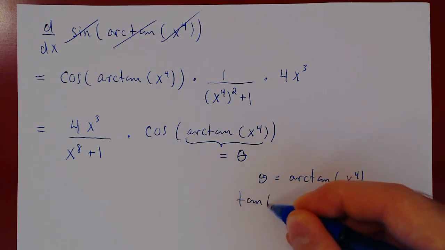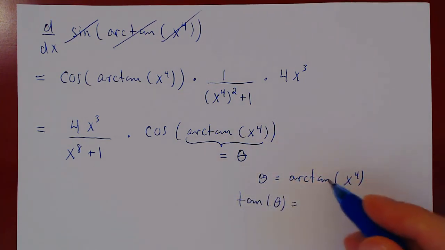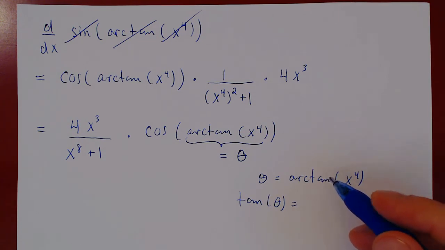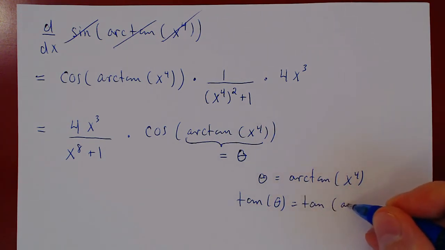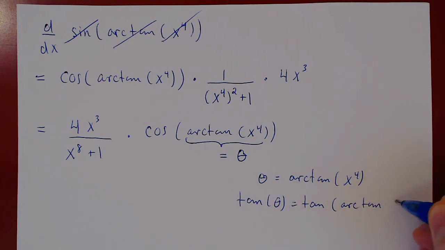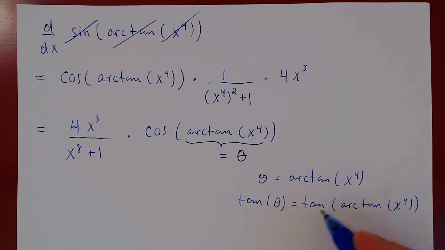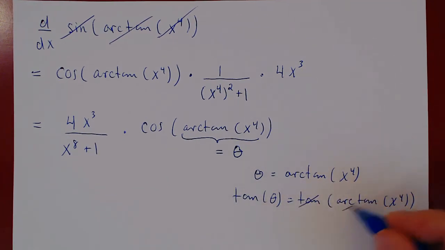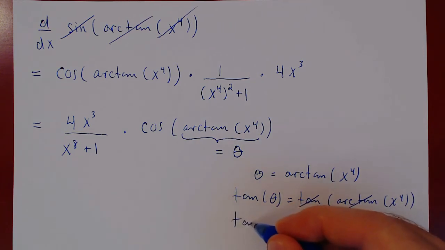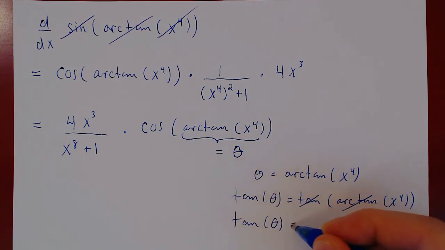So tangent of theta equals tangent of arctangent of x to the 4, but tangent is the inverse of arctangent, so it cancels arctangent, and we're left with, on the left, tangent of theta, which is quite simply x to the 4.